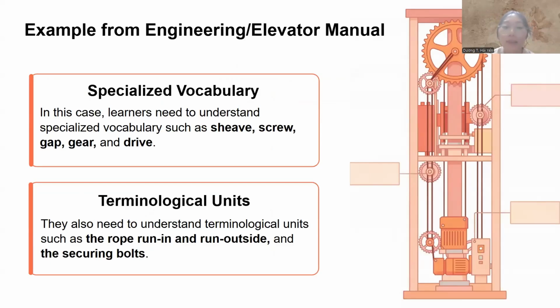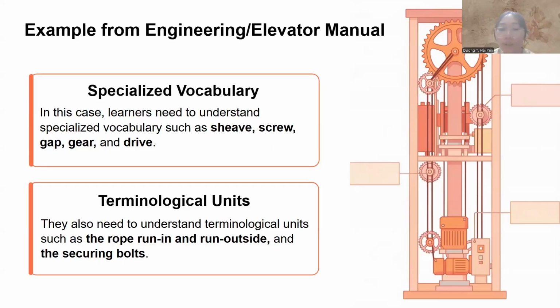And the last examples come from engineering, especially an elevator manual. So in this case, learners need to read technical manuals in English. To do this, they must understand specialized vocabulary such as shift, screw, gap, gear, or drive.